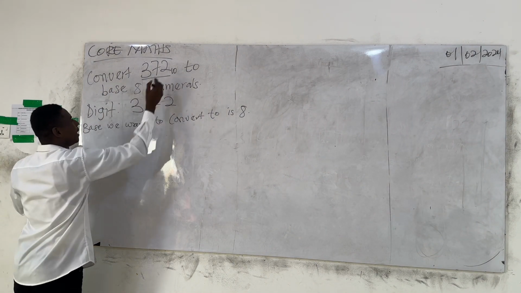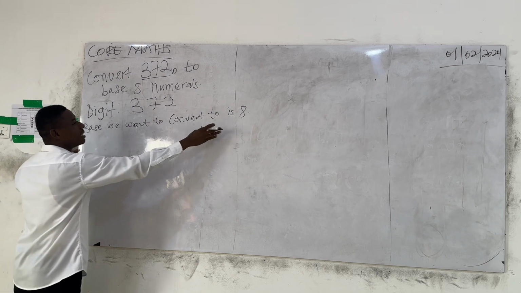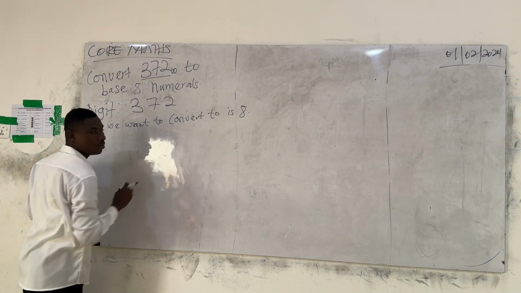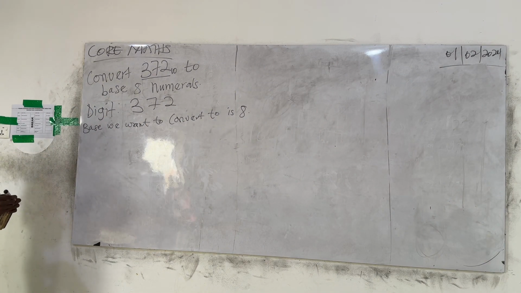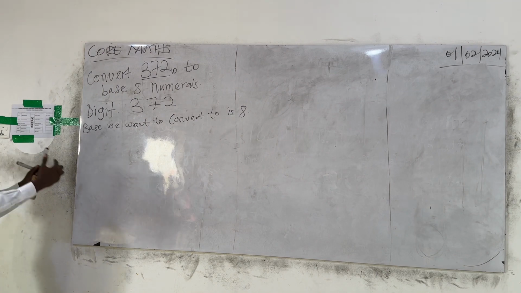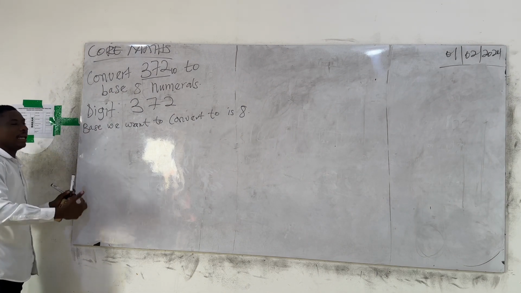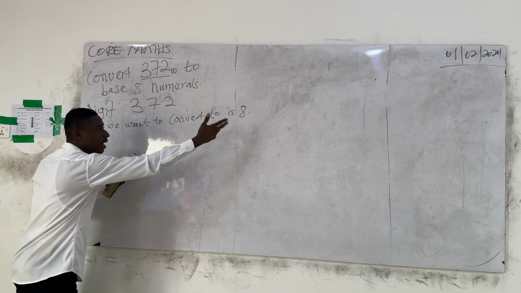So this is our digit, and this is the base that we want to convert this to. So step 1, you should be able to identify the digit and the base that you want to convert into.